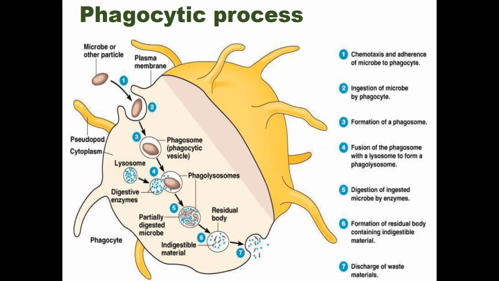The first one is diapedesis. Diapedesis is a kind of migration of cells across vascular walls, which is initiated by the mediators of inflammation like kinins, histamines, prostaglandins. These are the inflammation mediators.